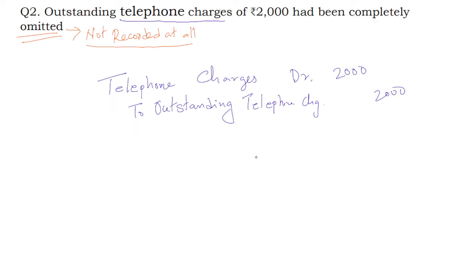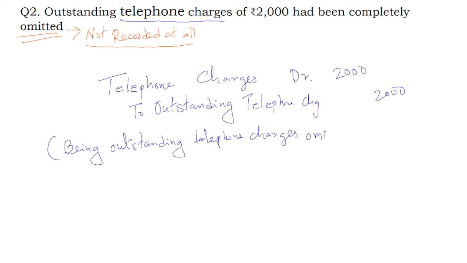So this is the journal entry, and we'll make the narration like this: being outstanding telephone charges omitted earlier, now recorded in the books of account. Okay, so this is the entry.